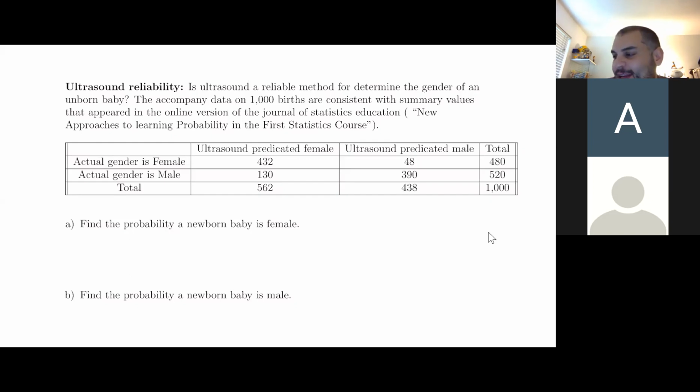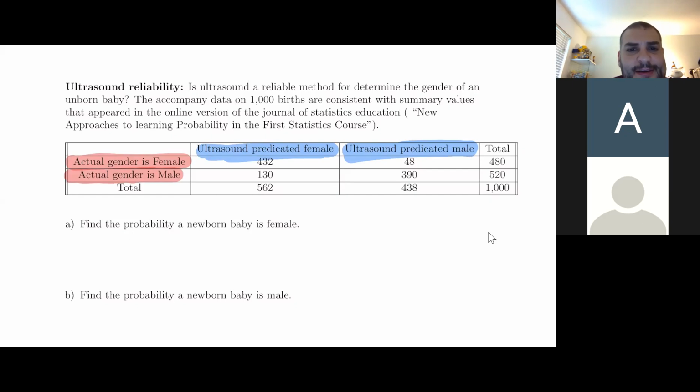Here the ultrasound predicted the baby should be female, or the ultrasound predicted the baby should be male. Over here tells us what the baby actually turned out to be, a female or a male. So that's what those are doing.